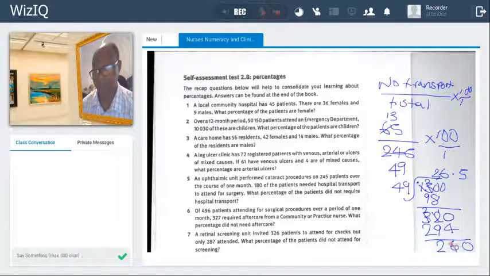We'll borrow 1 from here, so we have 5. 10 take away 5 is going to be 5. And 5 take away 4 is going to be 1. We add a 0. This is 150. And 49 into 150, let's see. 2 is 98.